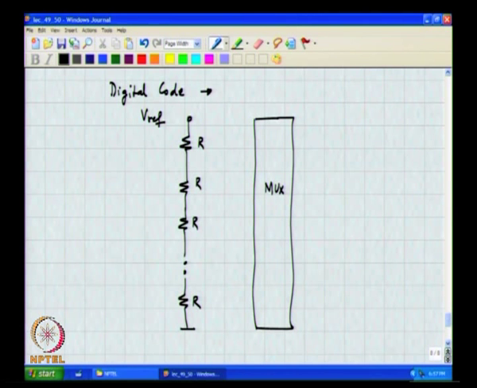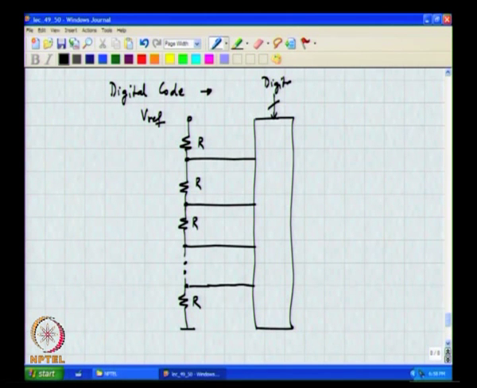This is an analog mux now, which has many inputs, and the digital code selects which one of these taps get to the output. All right.